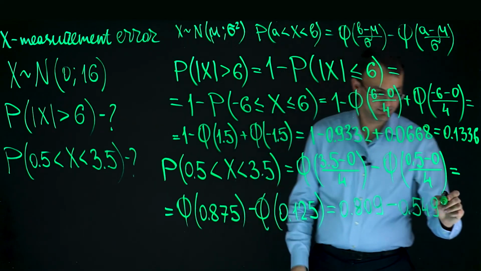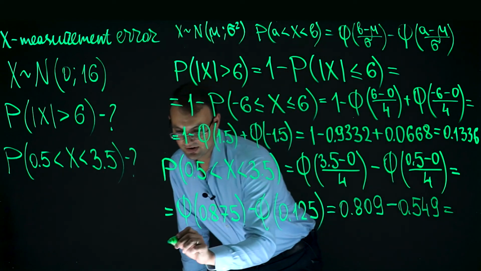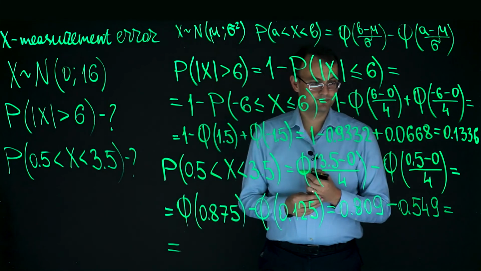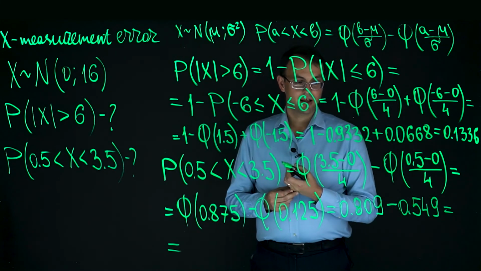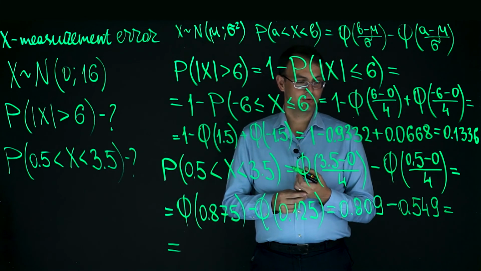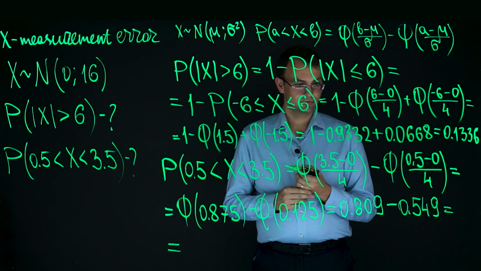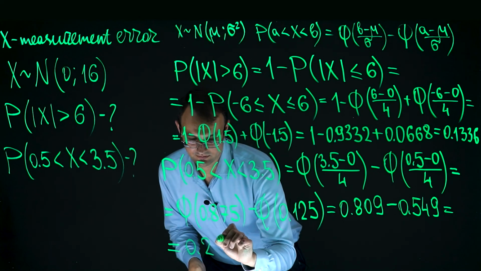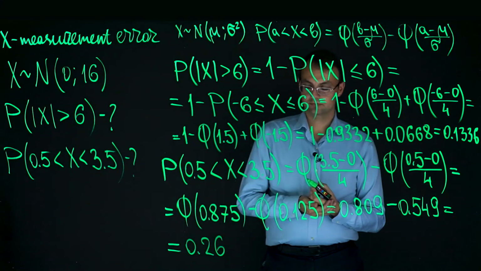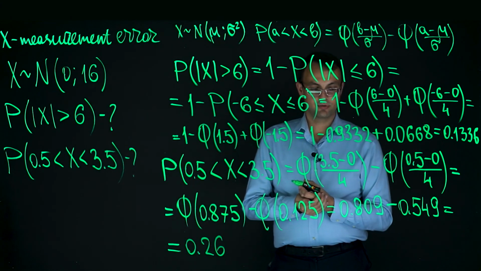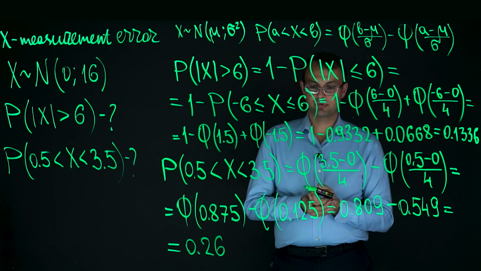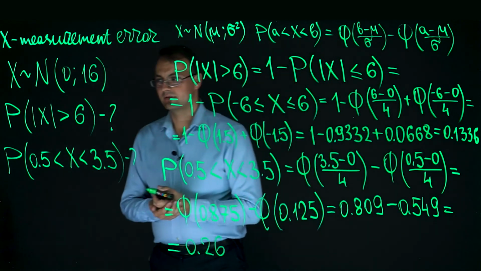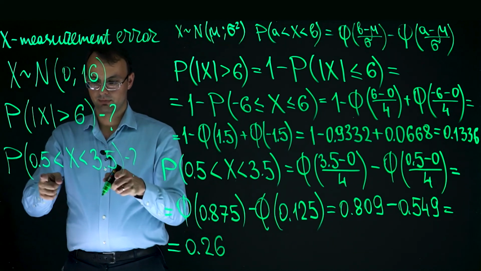So the only step is to subtract one from the other, and so we will get 0.26. And this is the probability that X will take value from this interval.